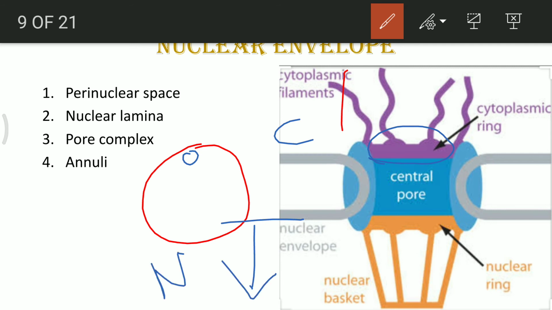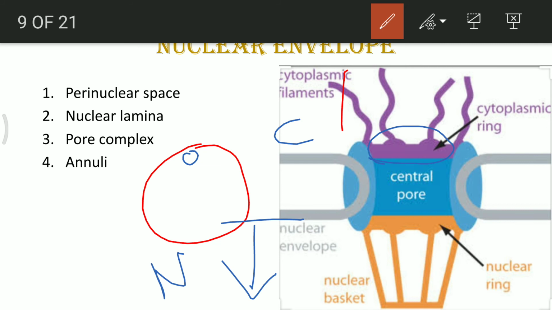It consists of two rings, the annuli, and it has around 8 subunits which are kind of spokes. You can see the nuclear ring, and the nuclear basket is formed of 8 spokes which make a channel. This pore complex controls the passage of macromolecules such as tRNA, mRNA, ribosomal proteins, sometimes enzymes and nucleotides as well.